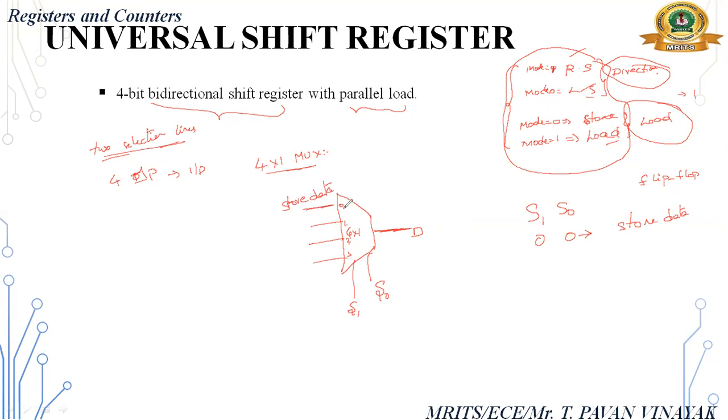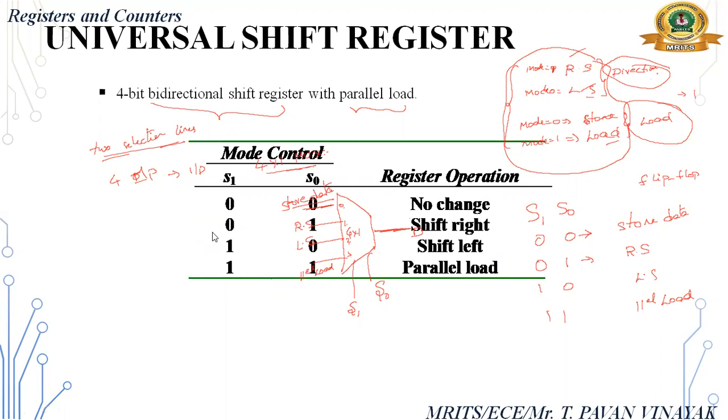Next, for 0, 1 I am taking right shift; for 1, 0 left shift; and for 1, 1 parallel load. These are the conditions I have taken to design a universal shift register.